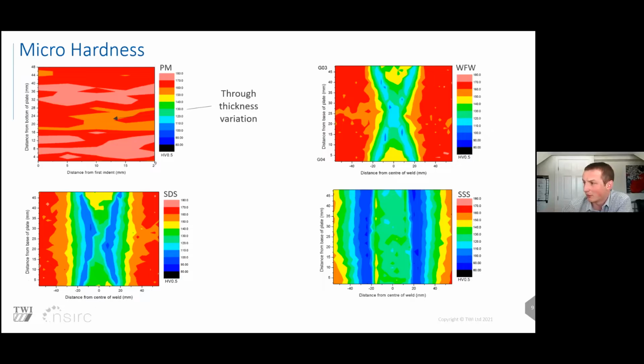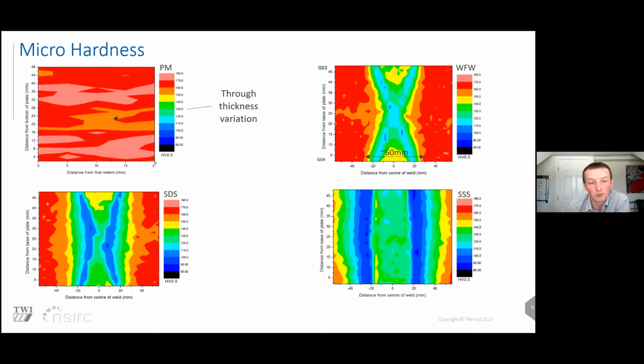So what we see with the weld is that the heat affected zone is only 60 millimeters wide. Given the material is 50 millimeters thick, a 60 millimeter wide heat affected zone is very good. This will have a huge impact on industry because your reduction in properties is only 60 millimeters instead of potentially being, well, if you look at supported station shoulder, it's 120 millimeters. So a really narrow heat affected zone is present in the weld.